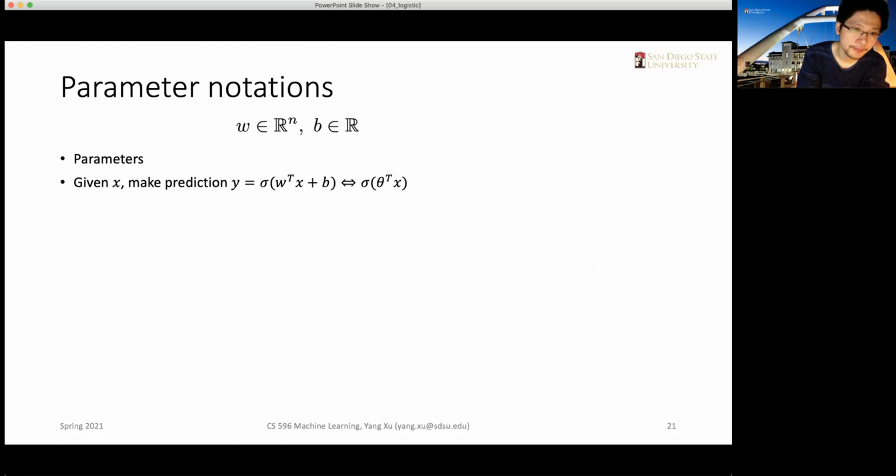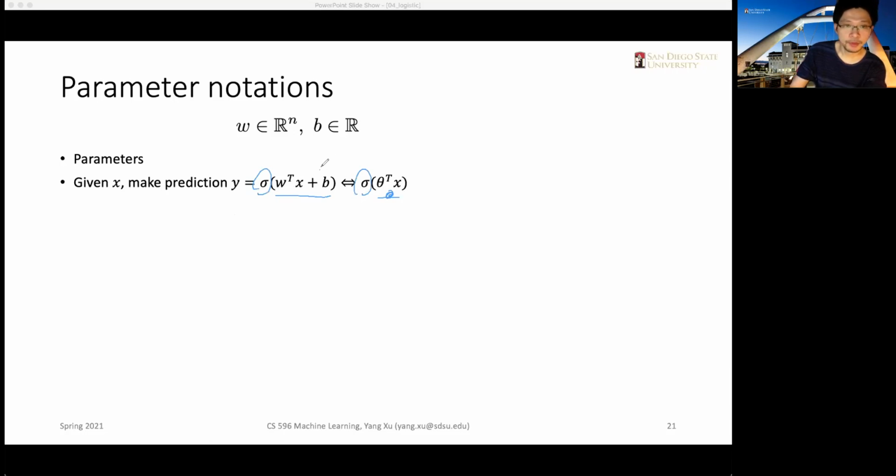So given x, we make predictions, still for logistic regression. When we make predictions, we use W transpose x plus b instead of theta transpose times x. And this sigma is for the sigmoid function.